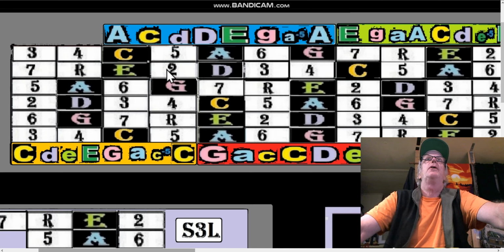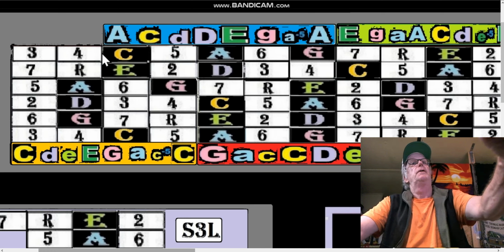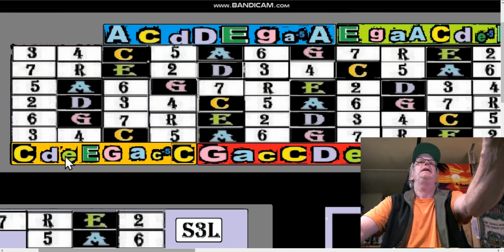So we start on... let's look at the C box because it's easier there. We're going to start on a C-shaped C: 5, root, 3, 5, root, 3. We're going to go to a D minor shaped D, and that's going to end up here: 6, 2, 4. We're going to go to an E minor shaped E minor.